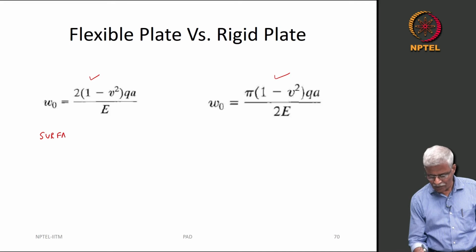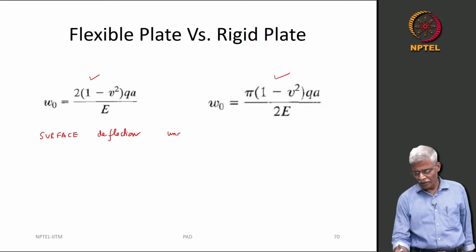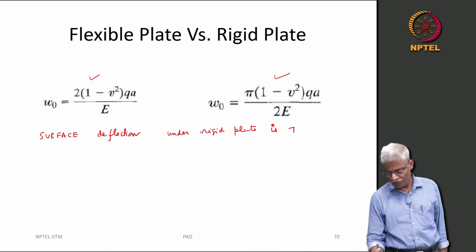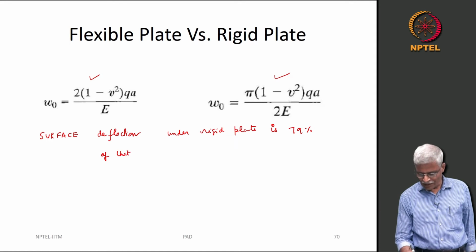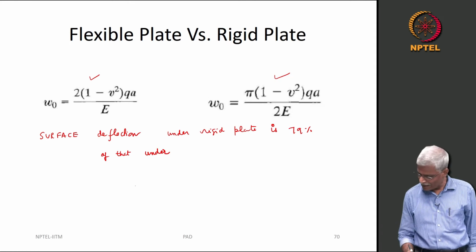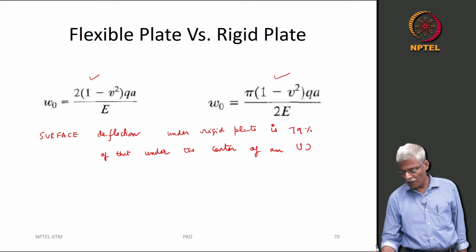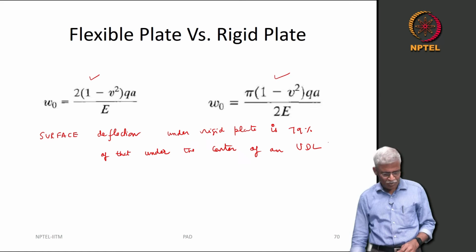The surface deflection under the rigid plate is, you can easily show, 79% of that under the center of a UDL, uniformly distributed load. So, this difference is going to be there.